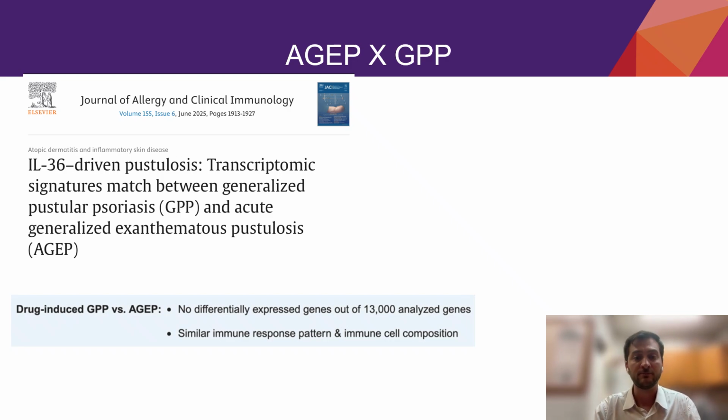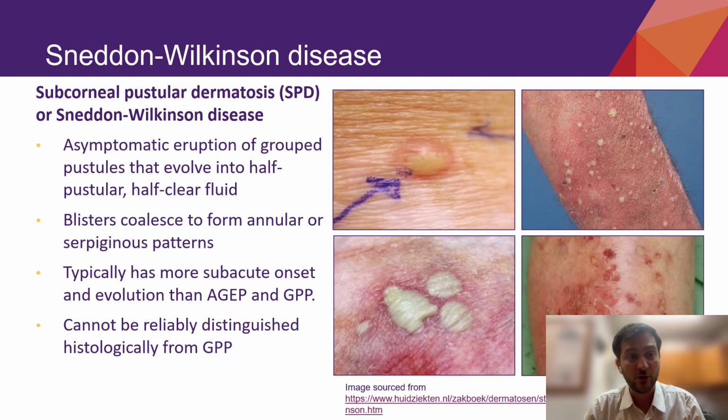So, subcorneal pustular dermatosis or Sneddon-Wilkinson disease. Wow, this condition may mimic GPP, even histologically. Actually, these two conditions cannot be reliably distinguished histopathologically alone.